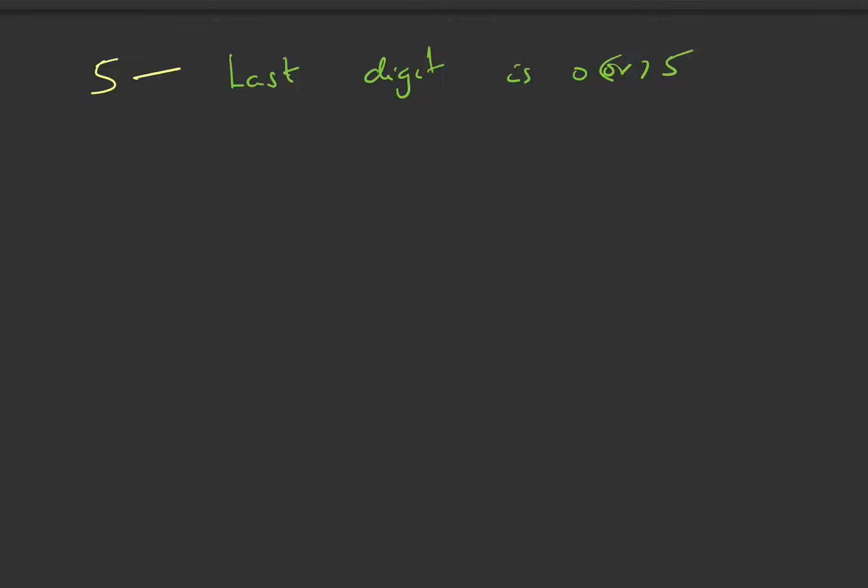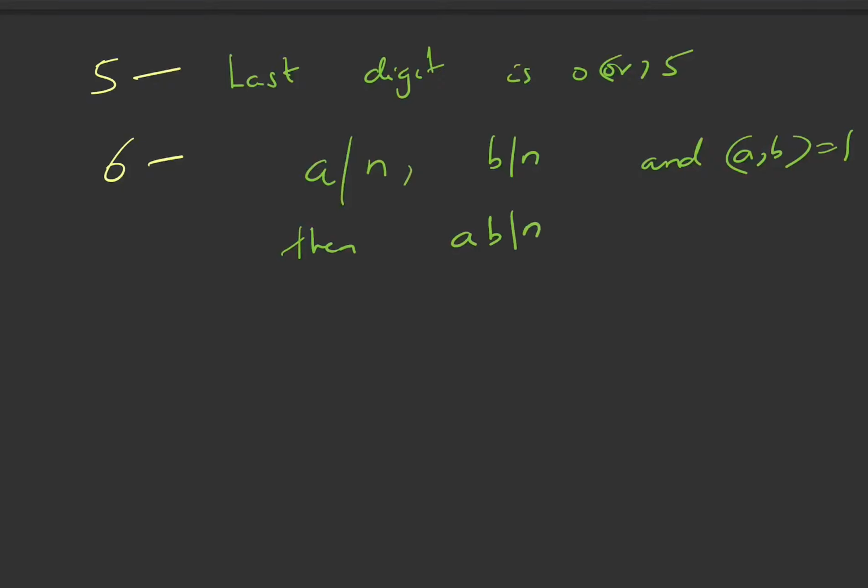Now how to find the test of divisibility of 6? We'll use the property that if A divides n and B divides n, and GCD of A and B is 1, then I can say that AB divides n. This is the property which we have studied.